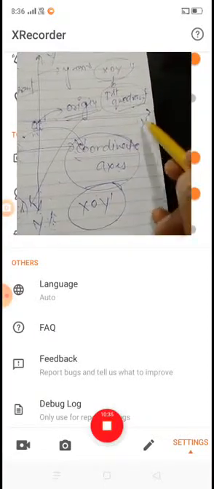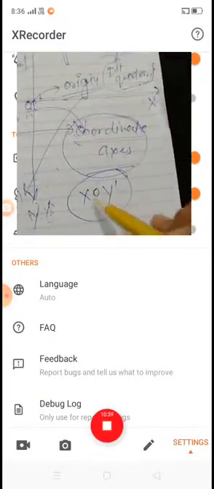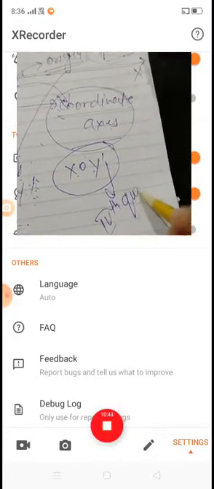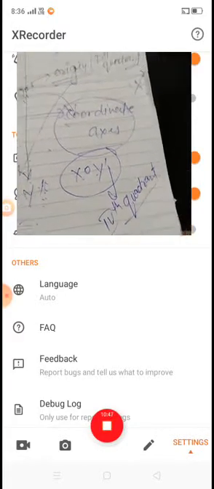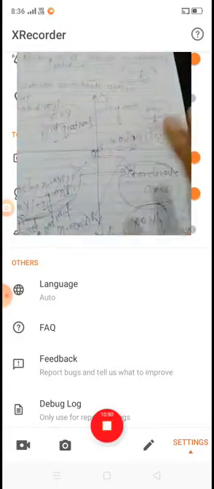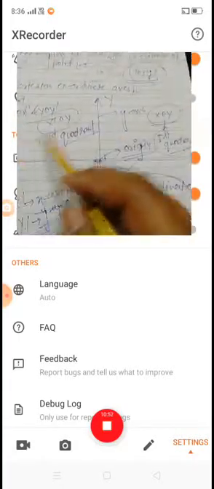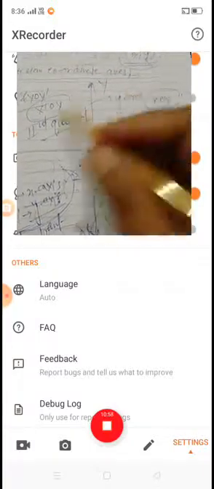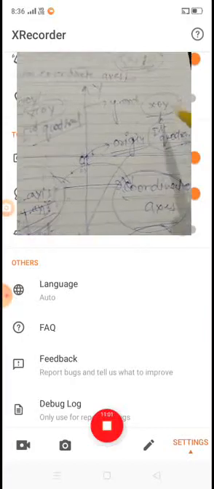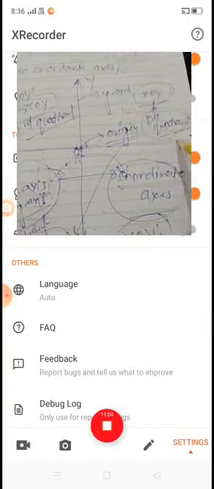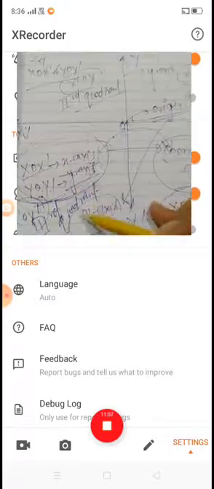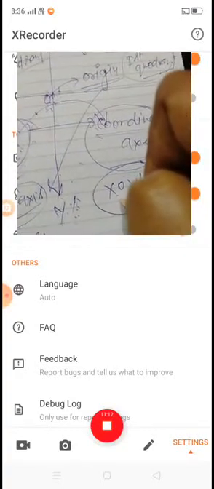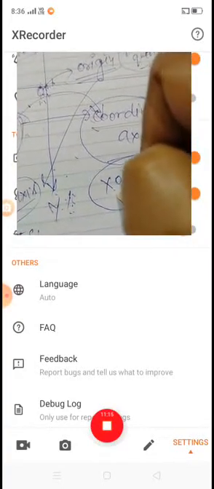And the region XOY dash is called the fourth quadrant. So these are the quadrants. These coordinate axes divide the plane into four regions, and these regions are called quadrants. This region is the first quadrant, this is the second quadrant, this is the third quadrant, and this is the fourth quadrant.